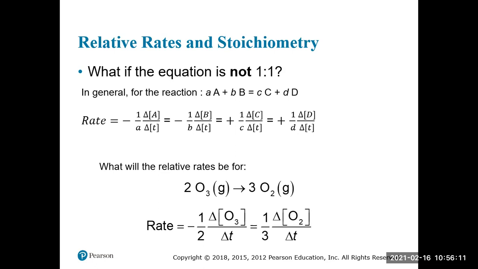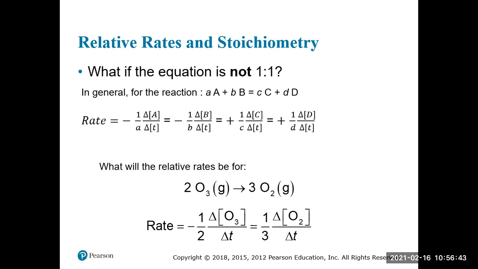Down below, there's an example where you have O3 converting to O2, and you have 2 moles of O3 converting to 3 moles of O2. So if we were to write rate expressions for that reaction, we would say the rate is equal to minus 1/2 times the change in the O3 concentration divided by the change in the time.